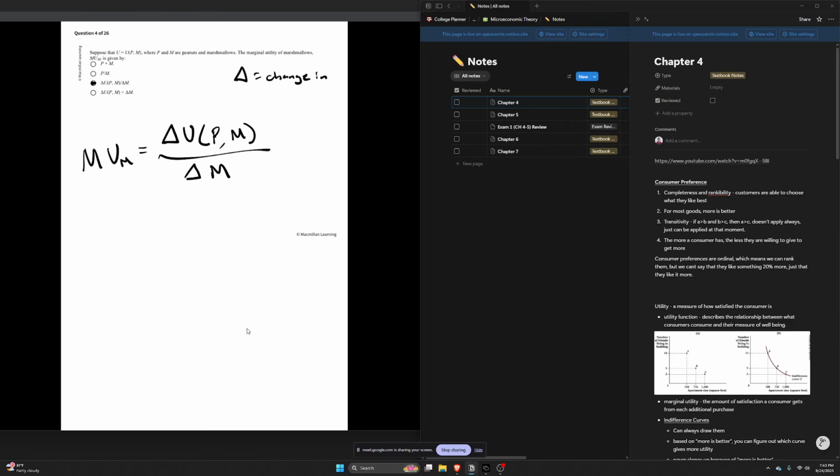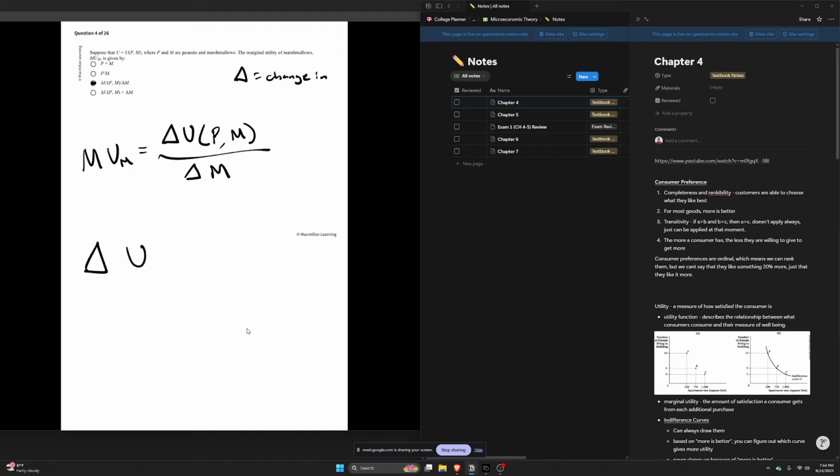All right. Suppose that utility equals utility for PM, peanuts and marshmallows. The marginal utility of marshmallows, MUM, is given by what? Okay, so marginal utility is going to be, marginal and delta all often go hand in hand.